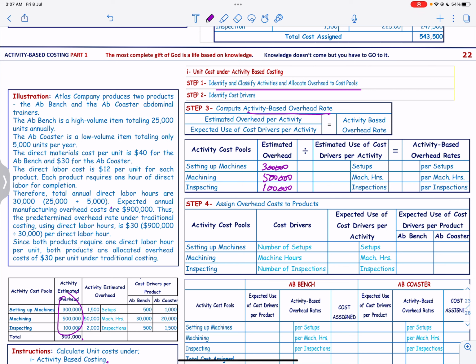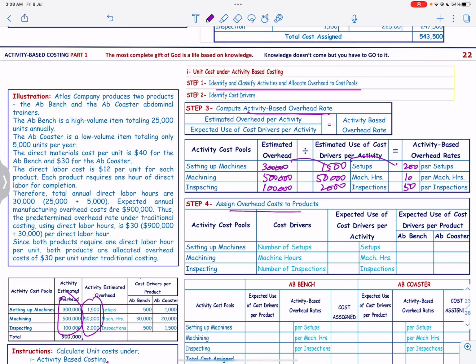And estimated use of cost drivers per activity is 1,500, 50,000 and 2,000. So we have activity based overhead rate as 200 per setup, 10 per machine hour, and 50 per inspection. We simply divide them and we get these numbers.